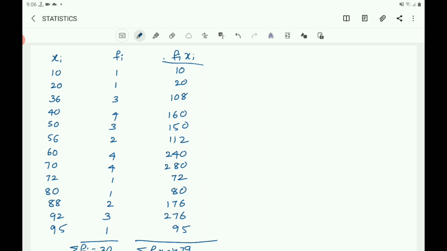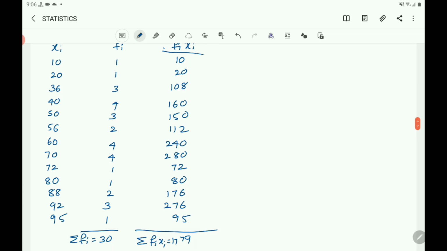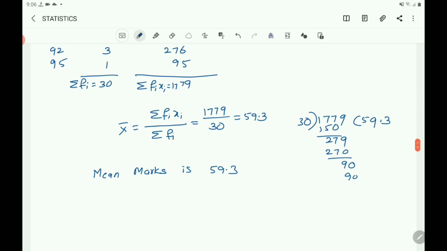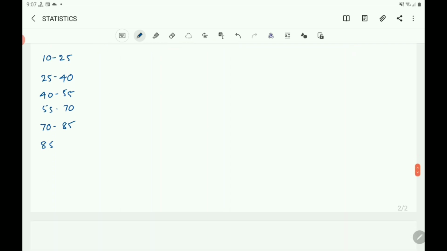So the class intervals, with width 15, are 10 to 25, next 25 to 40, next 40 to 55, 55 to 70, 70 to 85, and 85 to 100.